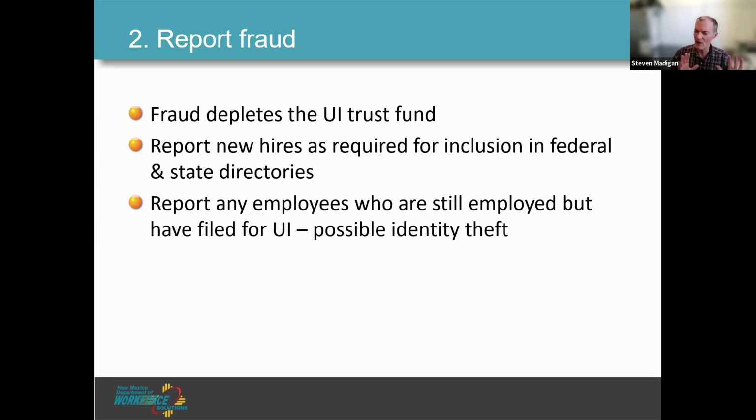However, because the fraudster is using a bogus address and a bogus phone number, there is no contact with the actual individual. But with the claim, we're still reporting to you, the employer, that a claim has been filed. So if you see that a claim has been filed under an employee's name who is still working there, by all means, let us know. Don't simply disregard it, assume it was a mistake. It's possibly identity theft.